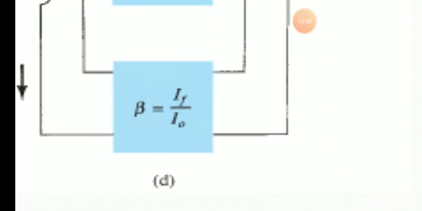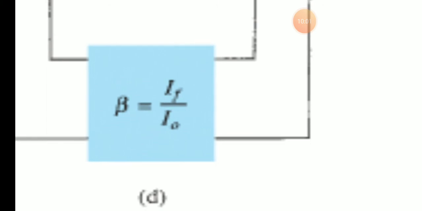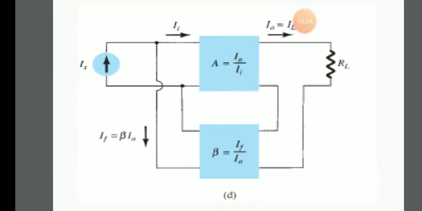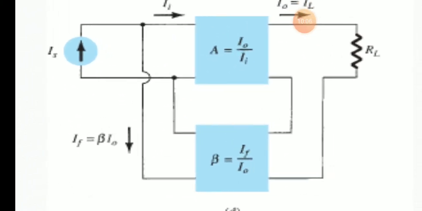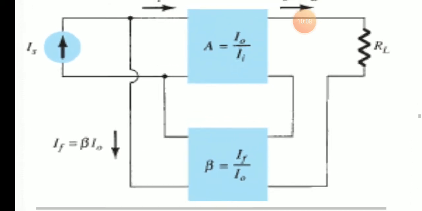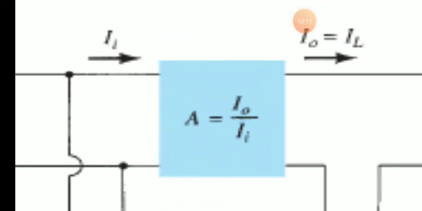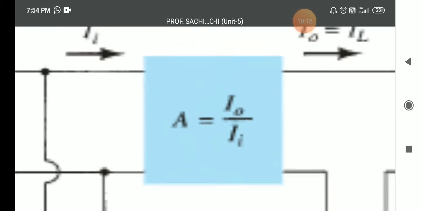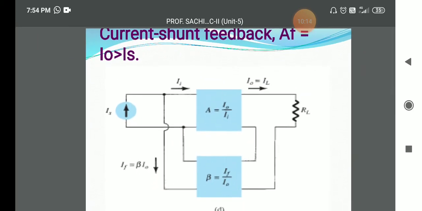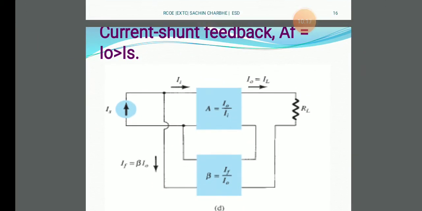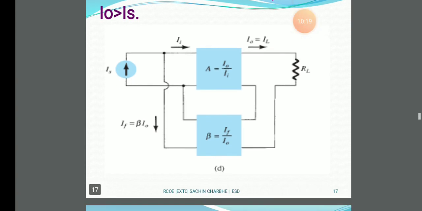Here beta is the feedback current by output current, and the feedback current is beta into output current. Here is the input current, here is the output current. So this is the current shunt feedback, where the gain is output current by source current.